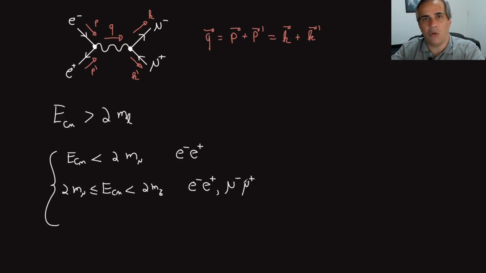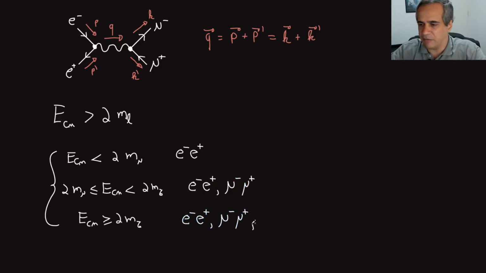I have to calculate these two cross sections. This is a probability distribution that I can calculate here. And if the center of mass energy is bigger than twice the mass of the tau, then I can also produce tau, and again, at these higher energies, I can also produce electrons.